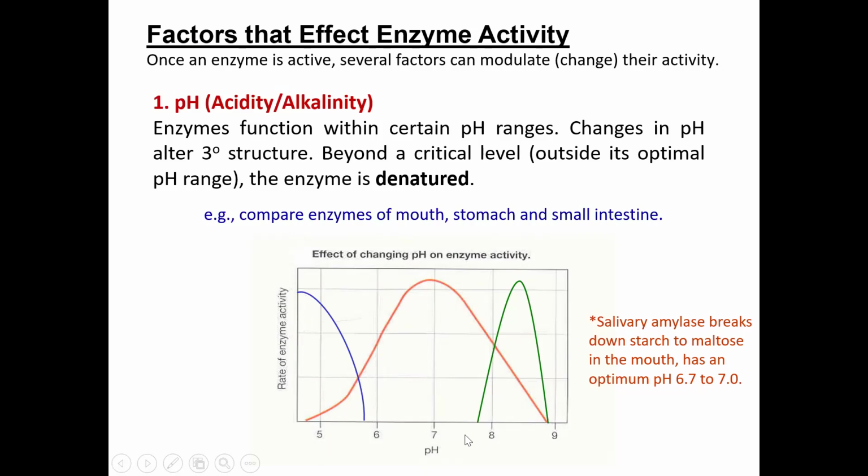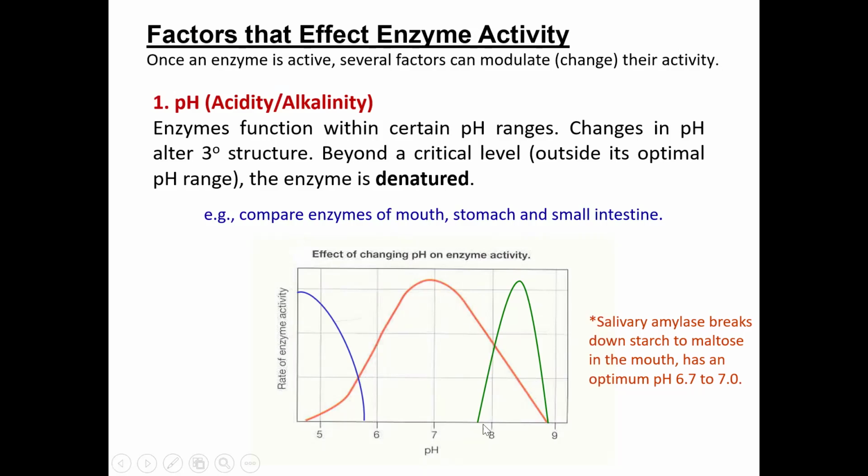For this other one, the highest peak is at 7. So it's the salivary amylase that we can see here that has the highest activity at pH between 6.7 to the neutral pH, which is 7.